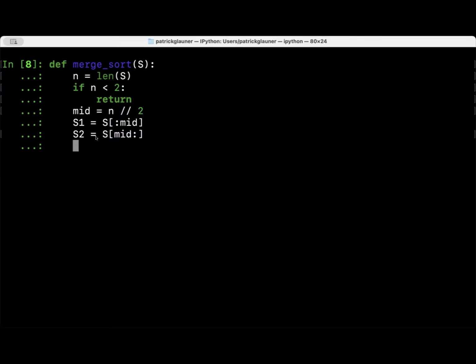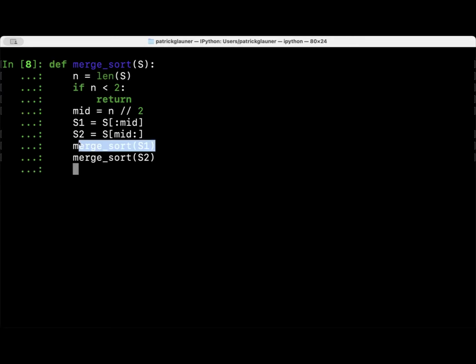I need to do this now recursively again for S1, because S1 is now half the elements of S. But I need to keep doing this until there's just a single element left, so until ultimately something returns. So I split my S1 recursively into smaller subsets. Once I'm done with that, so this was the left side of that recursion tree that I had shown you, I'm doing this for S2.